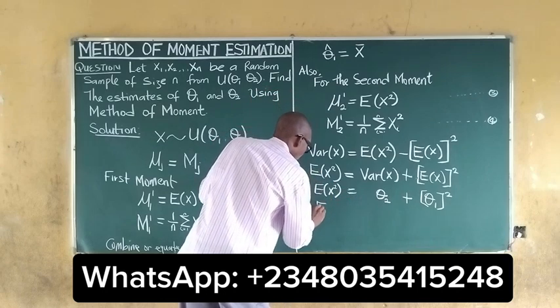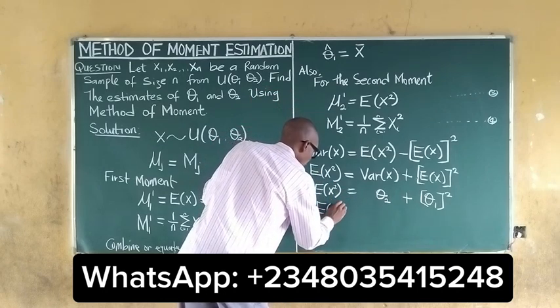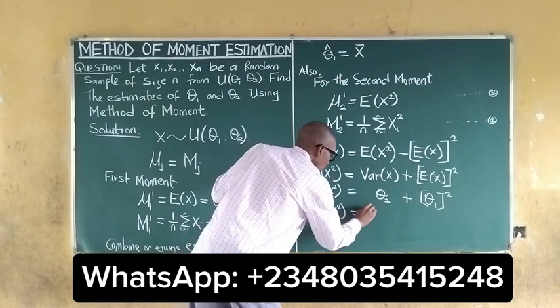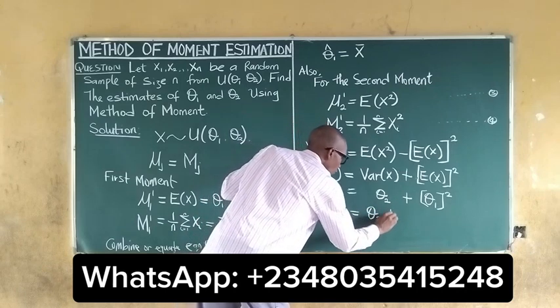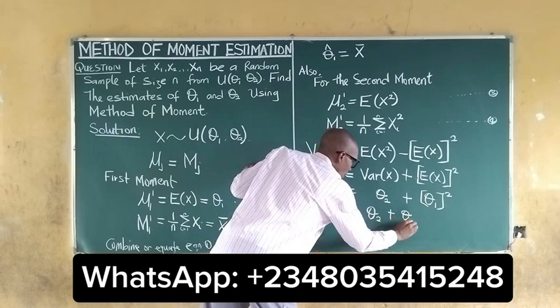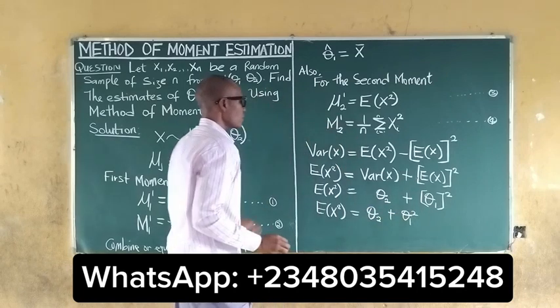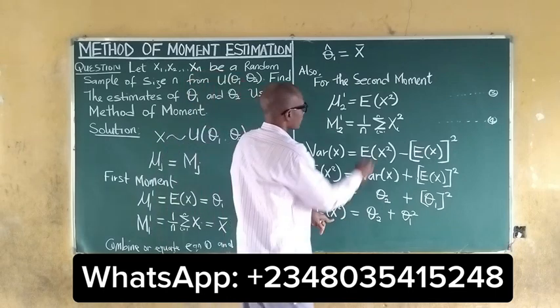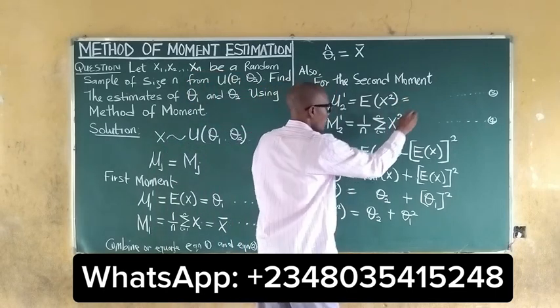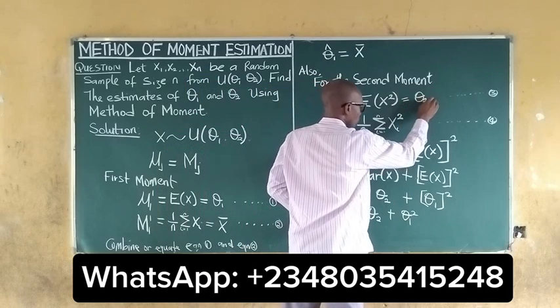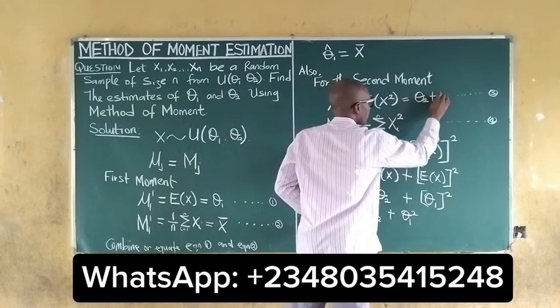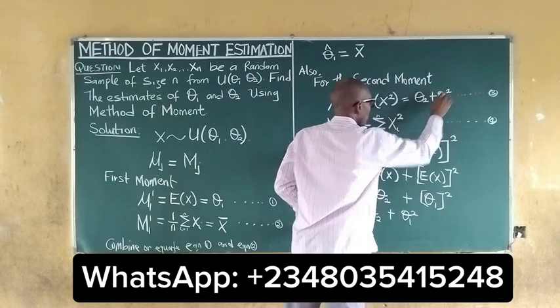It then means that our expected value of x squared is equal to theta 2 plus theta 1 squared.